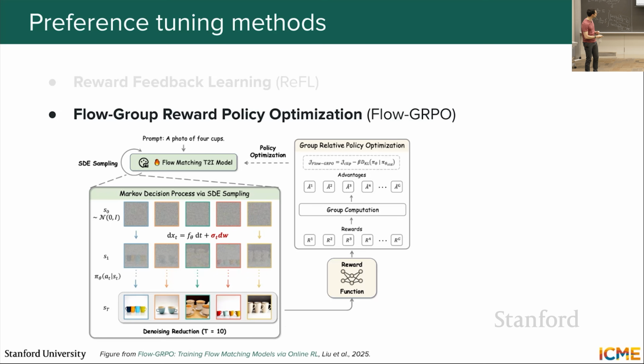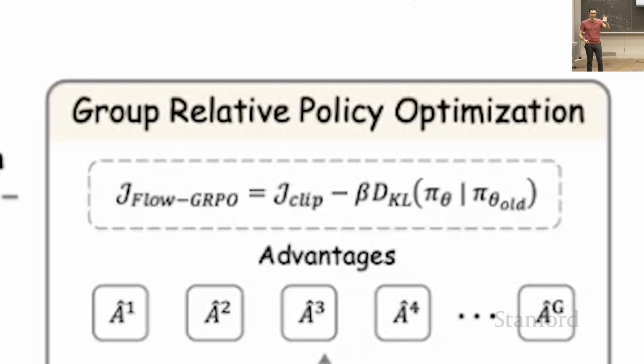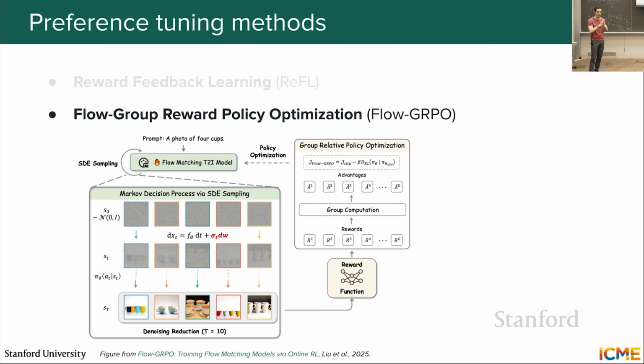To mitigate that issue, you typically have an extra term in your loss. Here in the slide it's kind of small, but it's a KL divergence term between the policy that you're training and the old policy. It's just a way to not have updates that are too far from the old model.